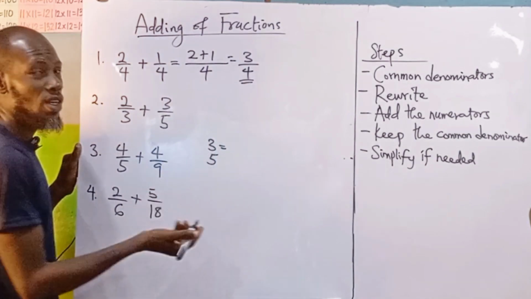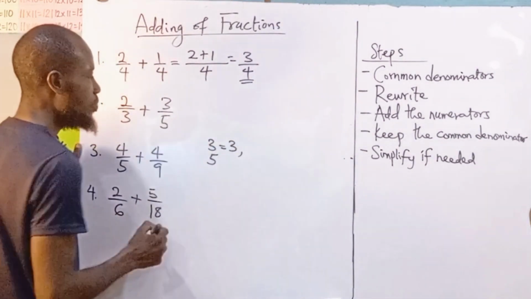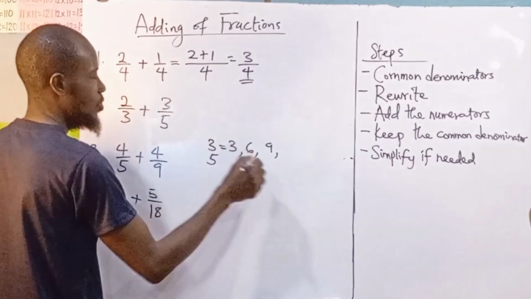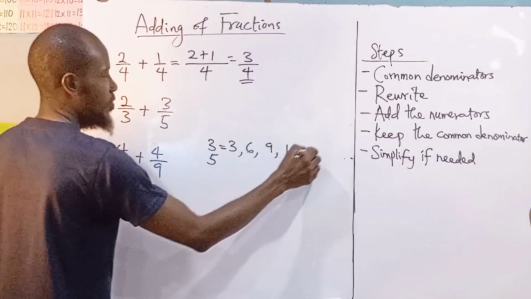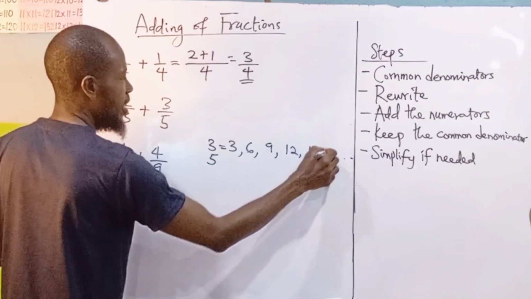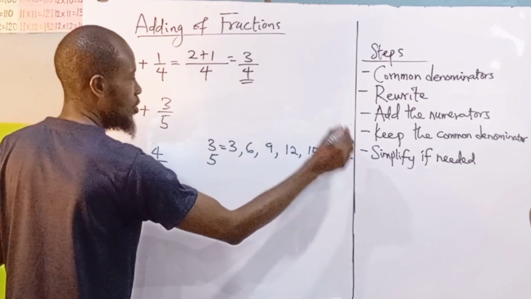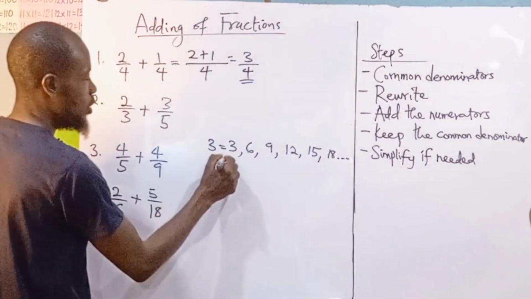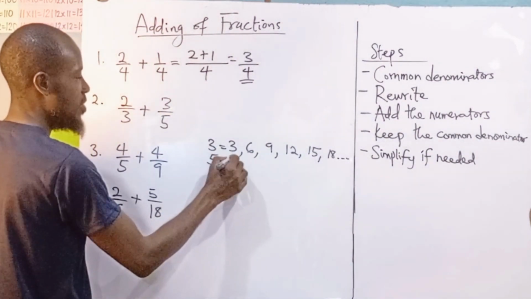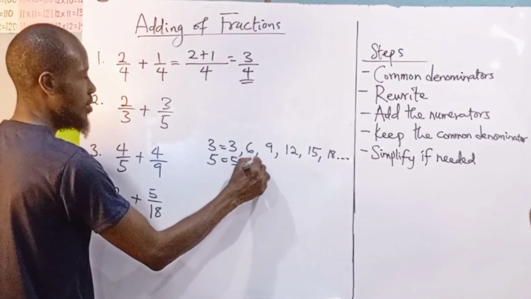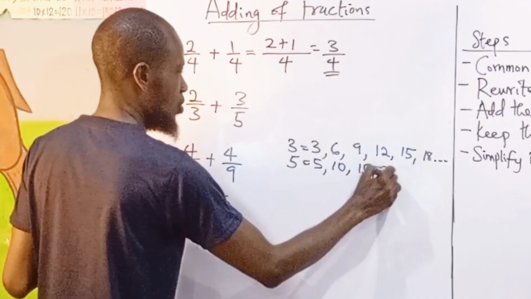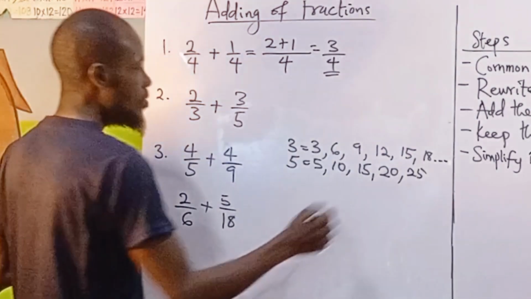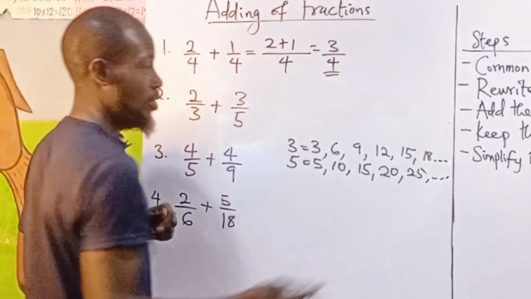The multiples of 3 are 3, 6, 9, 12, 15, 18, and it still continues, so it's infinite. Now, the multiples of 5 are 5, 10, 15, 20, 25, and it also continues like that.